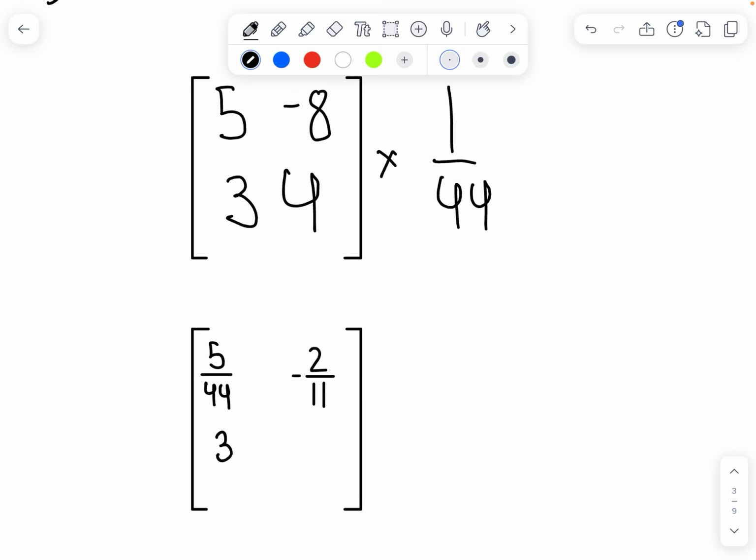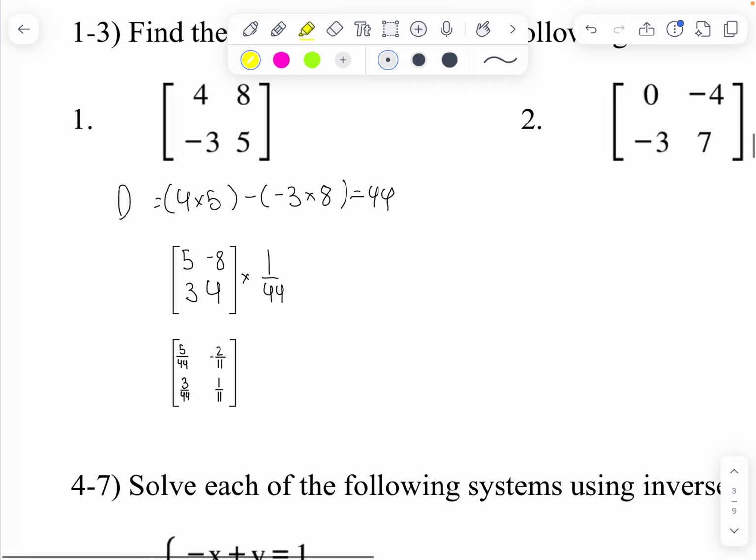This is 3 over 44. And this is 1 over 11. And that is our first answer.